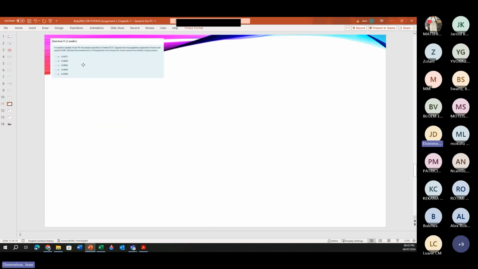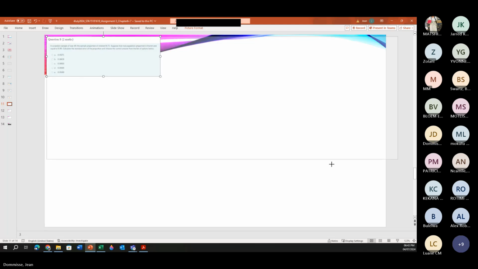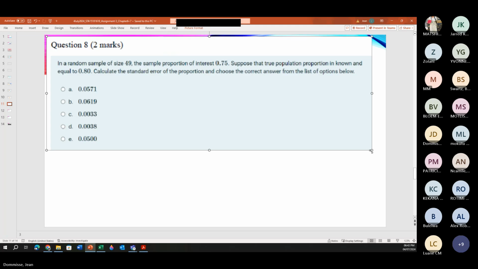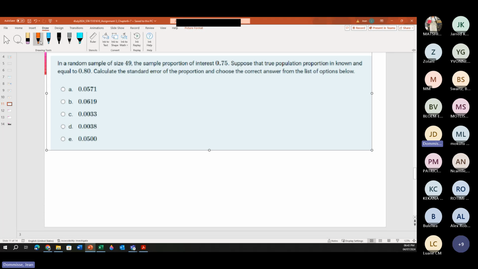Okay, next one. Let's look at the next one and what they ask us. In a random sample of size 49, the one thing that we haven't done yet is sample proportions, so it makes sense.